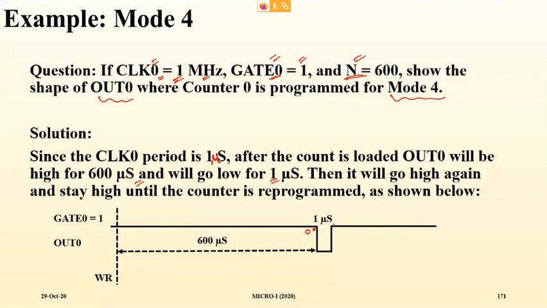So 1 microsecond is the clock period. So for 1 microsecond, it will remain low, and then again it will go high for infinite time period, because you have to reload the number. It is not auto reloaded. Done. Clear? Anyone having any doubt in mode 4? No. Good.